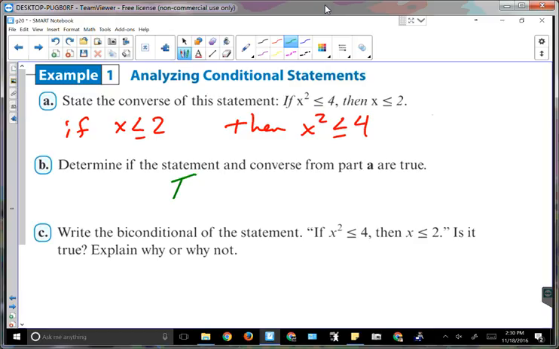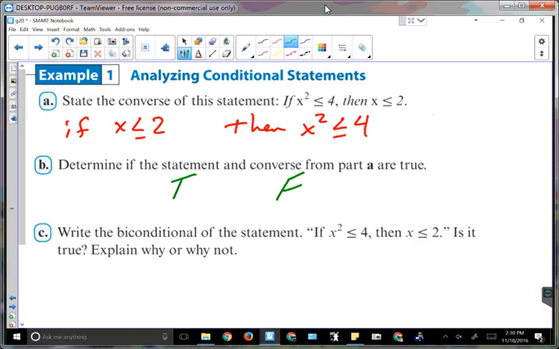Which one is it? Could be false, could be true, right? Well, yeah, -3 squared, most definitely. So this would have to have been false, okay?